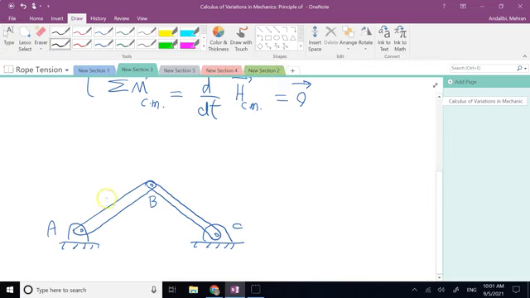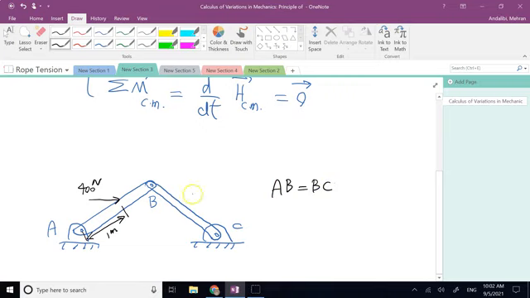And let's say you have an external force of 400 Newton applied to member AB. Let's say the distance between the application point of this 400 Newton force and point A is equal to 1 meter, and assume that the length of AB is the same as the length of BC.